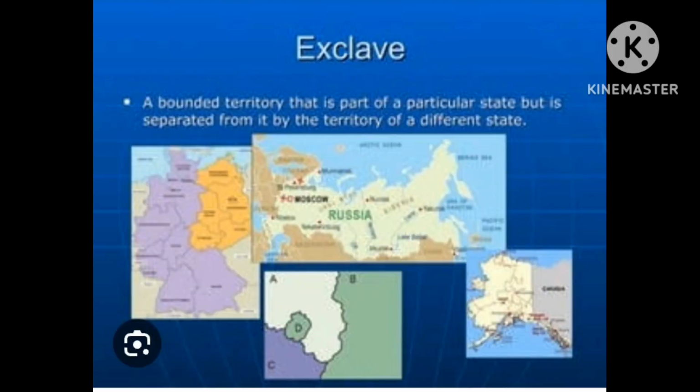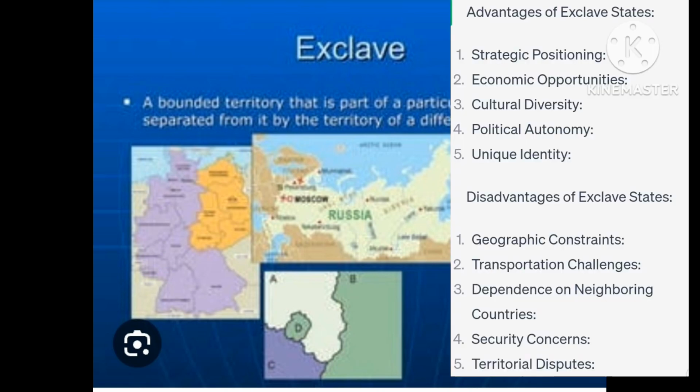Okay, the next is an exclave state, a boundary territory that is part of a particular state but is separated from it by the territory of a different state. You can take the example of exclave state like before 1971, East Pakistan was an exclave of Pakistan because it was separated by India.